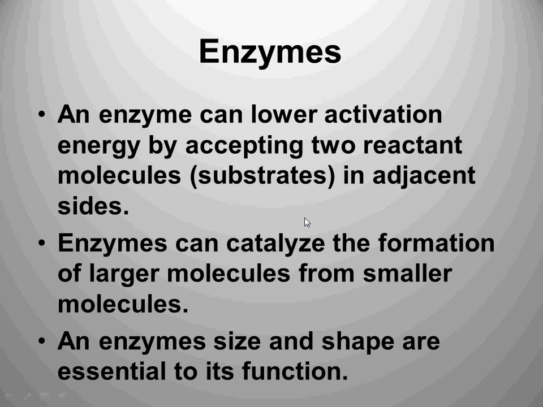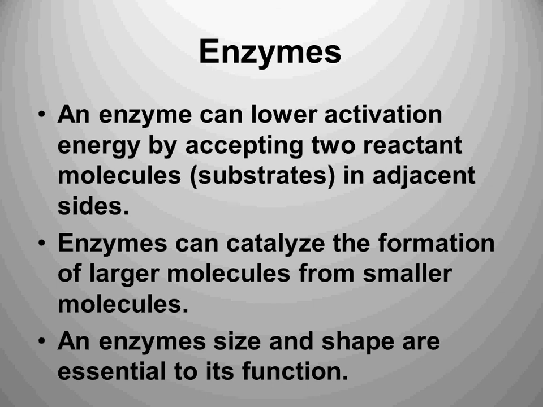An enzyme has the ability to lower the activation energy, and it does this by accepting reactant molecules. Basically what I want you to take away from that is the fact that the energy needed to start a chemical reaction is called activation energy.